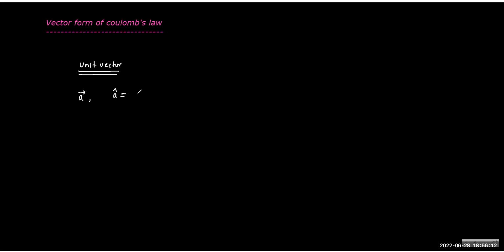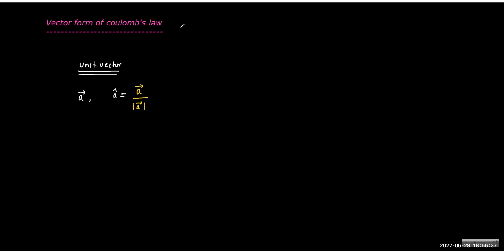We take A upon mod A. Very important. Dividing a vector by its own magnitude gives you the unit vector. So if you want to convert any vector into a unit vector, just divide by its own magnitude.